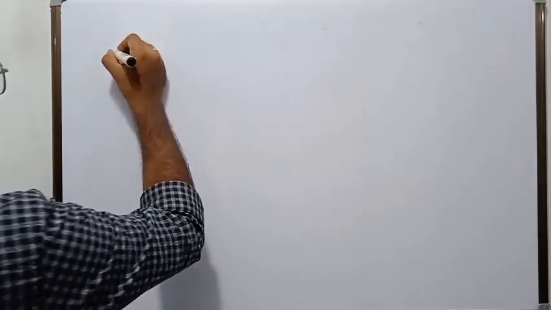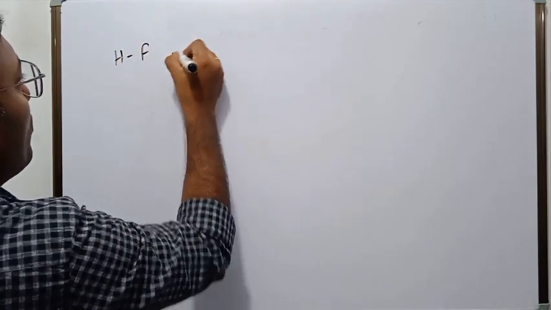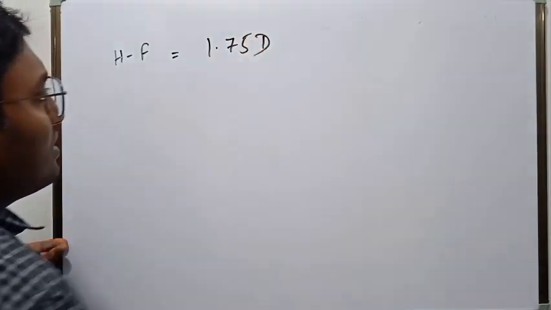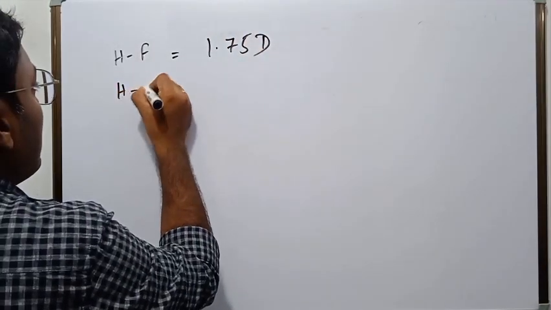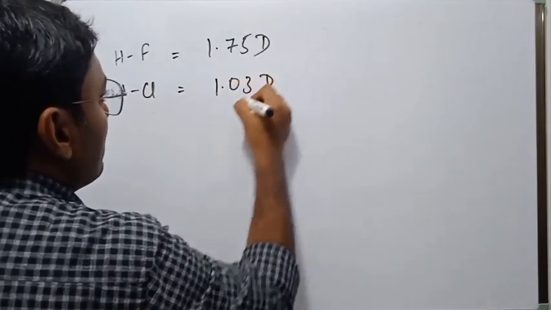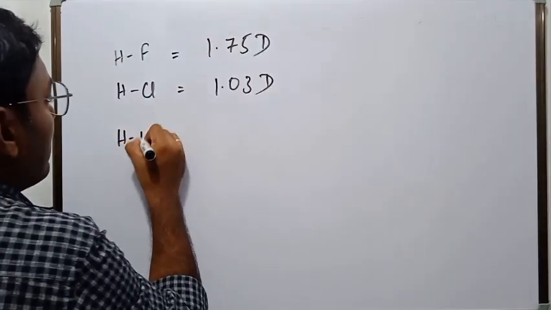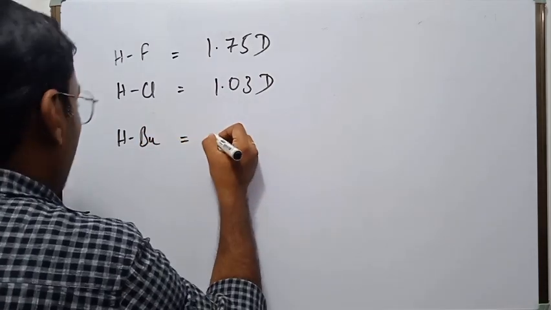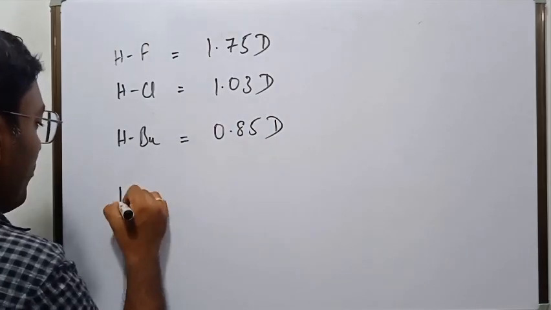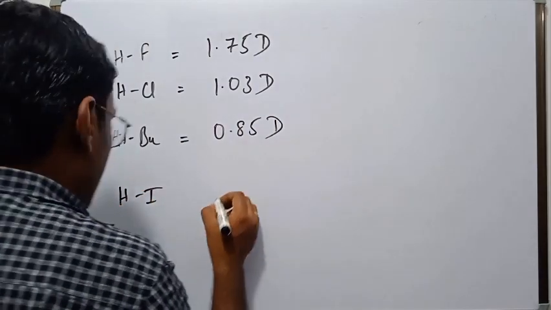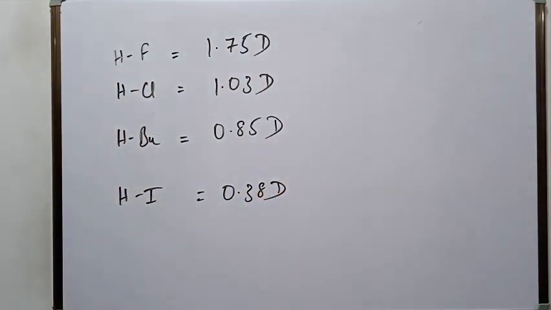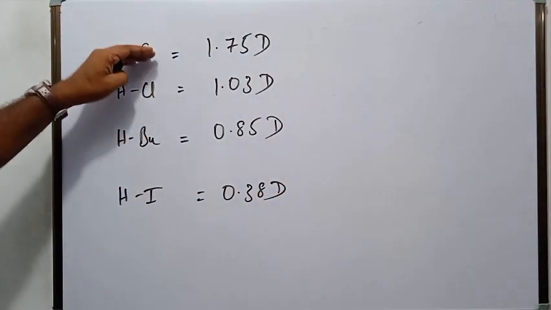For HF, the dipole moment is 1.75 D. For HCl, it is 1.03 D. For HBr, it is 0.85 D, and for HI, it is 0.38 D.